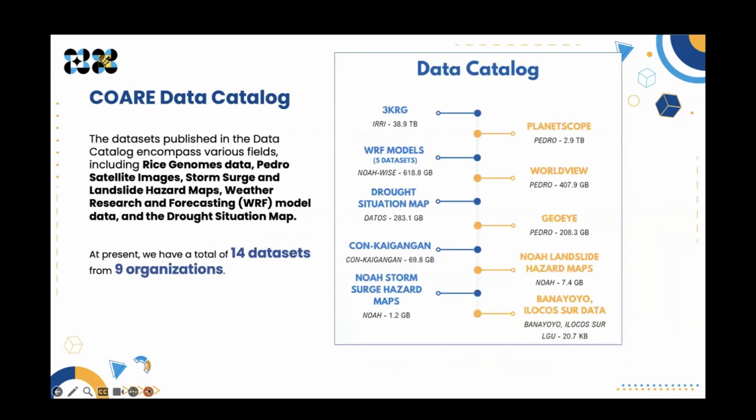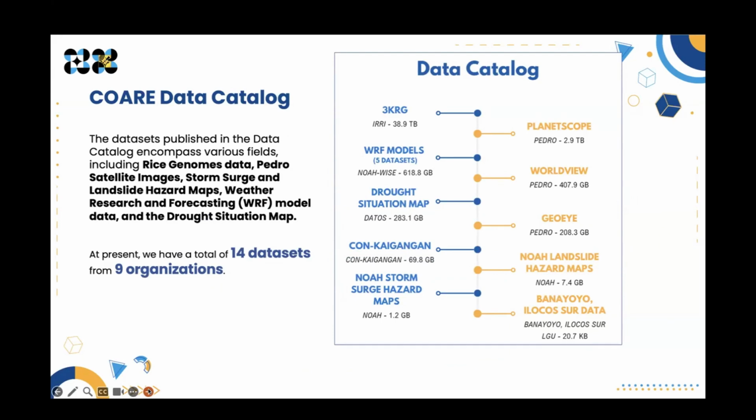So the data that's published in the catalog encompasses various fields such as rice genomes data. So the ERE 3KRG data is stored here. Some satellite images for Earth observation data, some storm surge and landslide hazard maps, weather research and forecasting or WRF model and forecasting data, as well as drought situation maps.